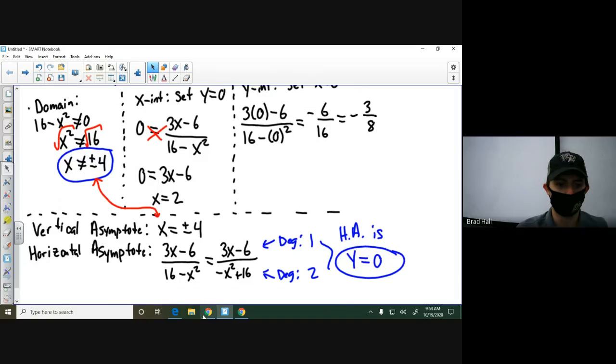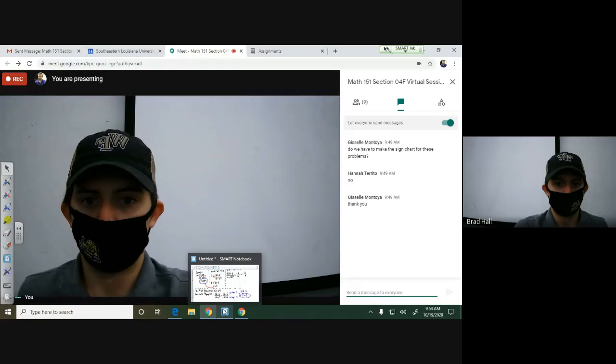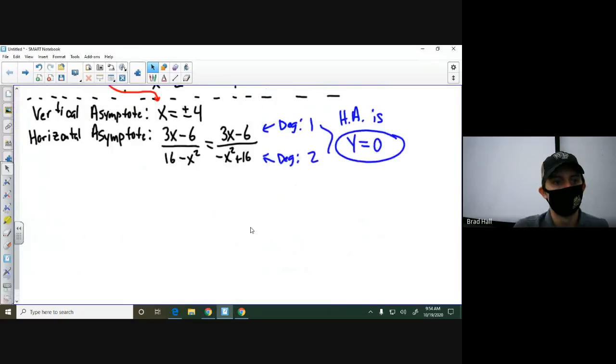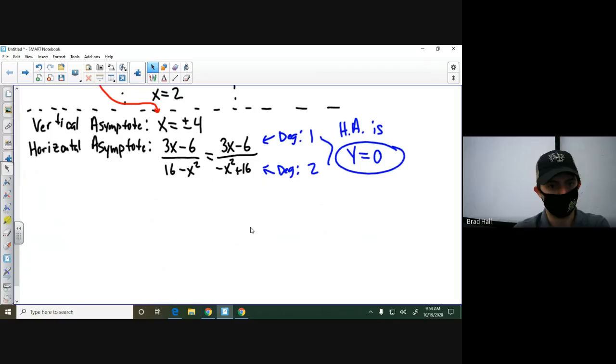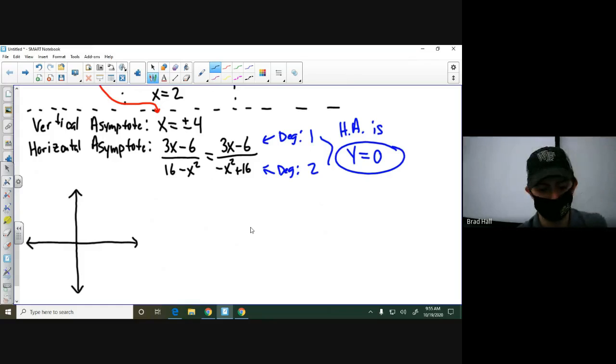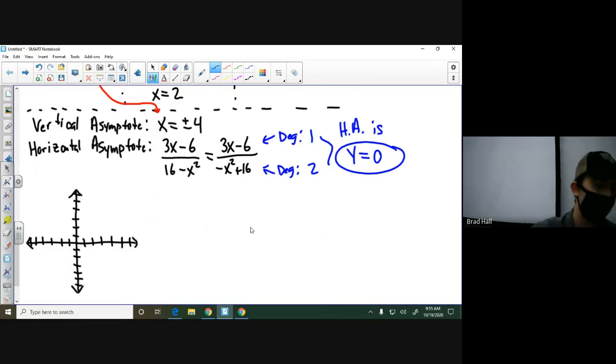And so from here, we can move forward, now we can graph everything. Again, the graph is separated by intervals of 2. I'll go ahead and start off with the vertical asymptotes.